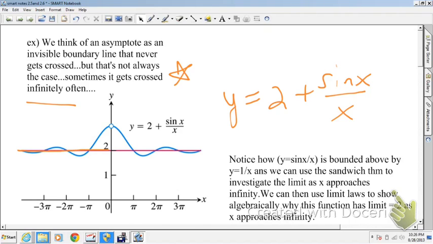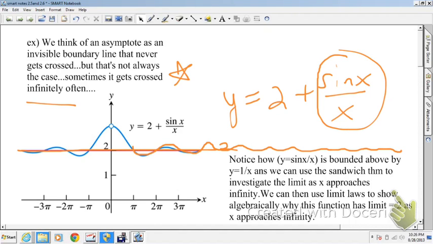Here, 2 is a horizontal asymptote, but it's getting crossed an infinite amount of times, but it's getting smaller and smaller. The distance between the height of those waves and that constant line at 2 is becoming smaller and smaller and smaller.